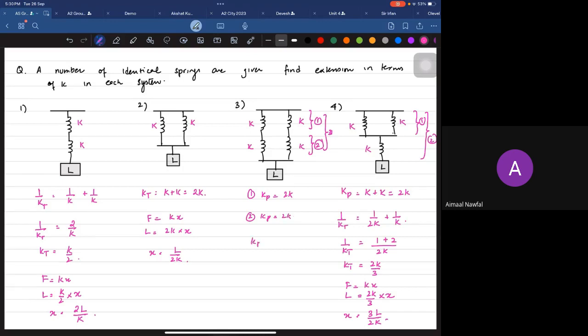Now k total for the third step is 1 upon k total equals 1 upon 2k plus 1 upon 2k, like that. You take LCM as 2k, this will be 1 plus 1, and then take reciprocal. So you're going to end up with 2k over 2, which is just k. So now you can do f equals kx. This is L, this is K, this is X. So X will be L over K.